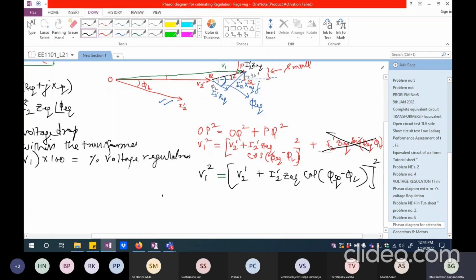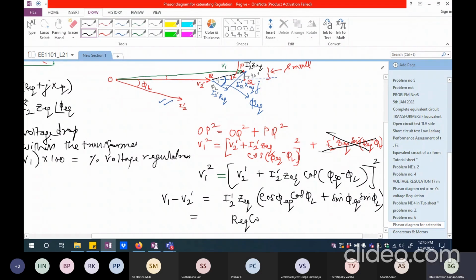So I should be able to write V1 minus V2 dash equal to I2 dash Z equivalent multiplied by cos of phi equivalent minus phi L, which can be written as cos phi equivalent cos phi L plus sine phi equivalent sine phi L. So I can write this as I2 dash multiplied by Z equivalent cos phi equivalent, which is actually R equivalent.